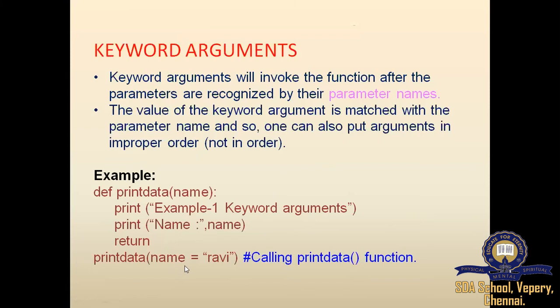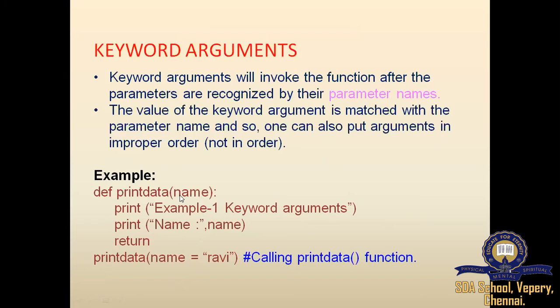Here, when you are passing an argument, the arguments are being named; that we call keyword arguments. Keyword arguments will invoke the function after the parameters are recognized by the parameter names. Normally, within the parentheses of your user-defined function, we use parameters.